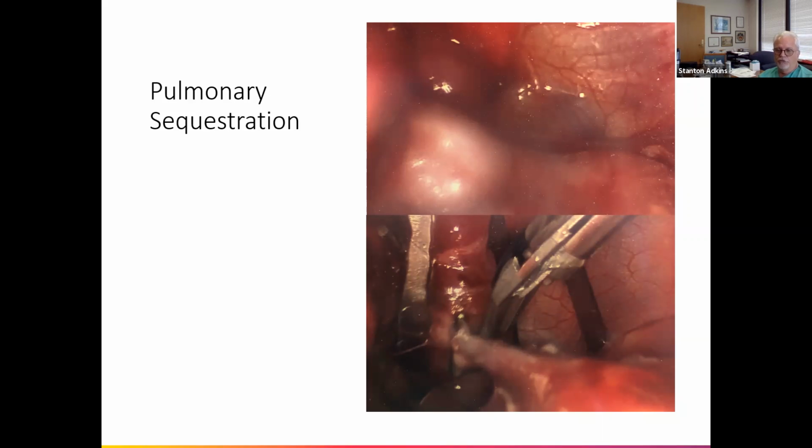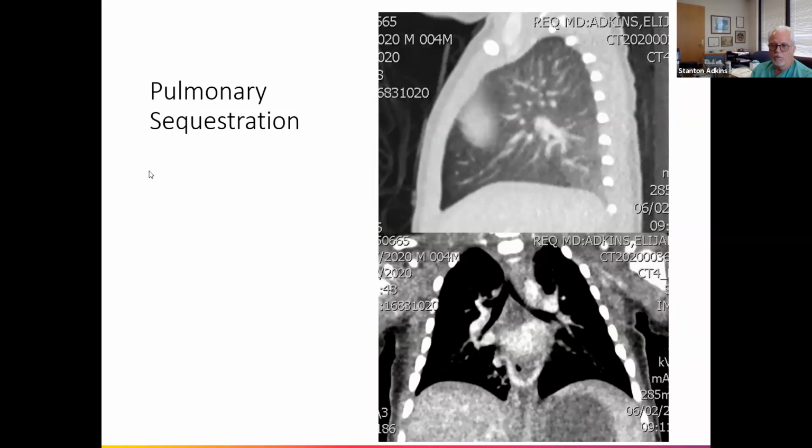What I showed you on the previous screen was, in fact, a CT angio. So you get a very good picture of the vessel crossing in front of the aorta and spine, and going across into the lower part of the lung. Okay.